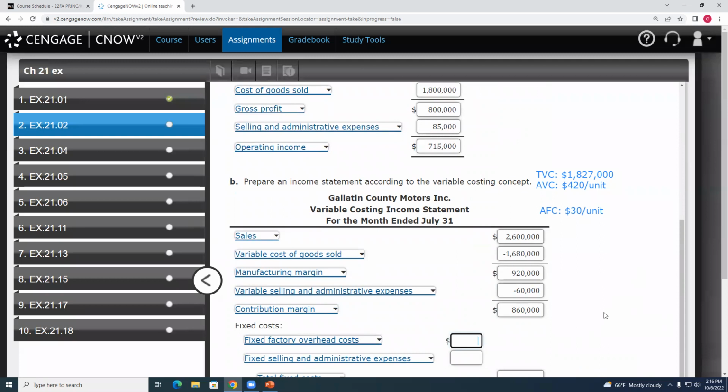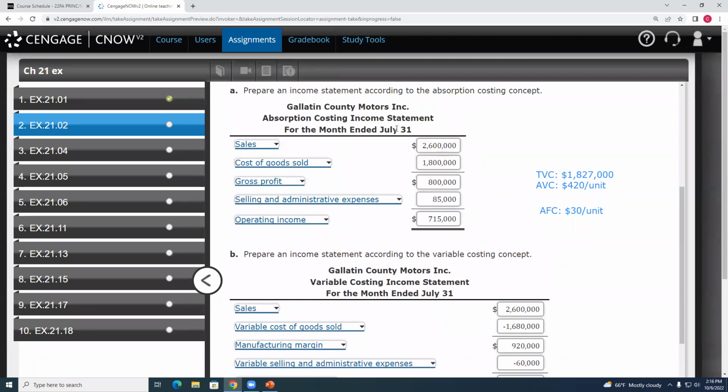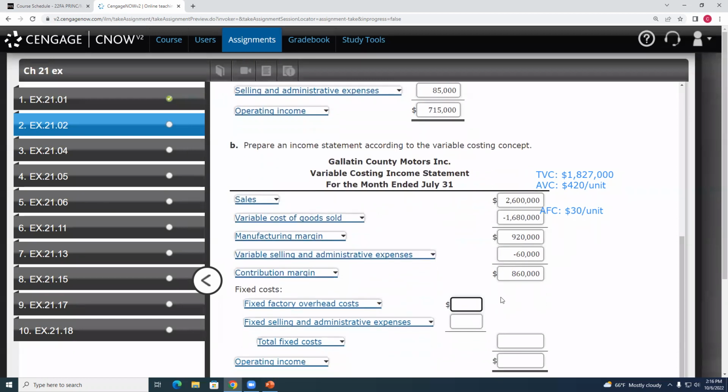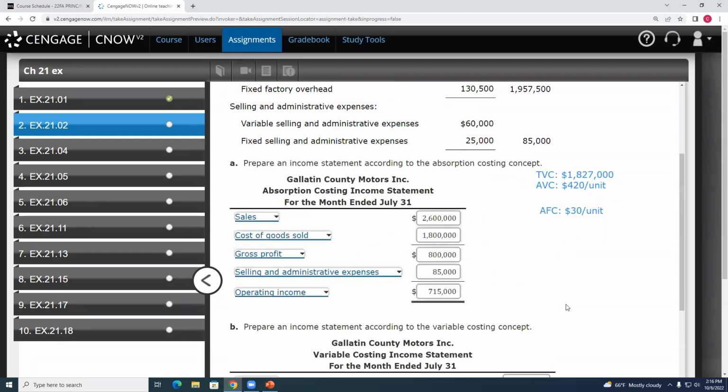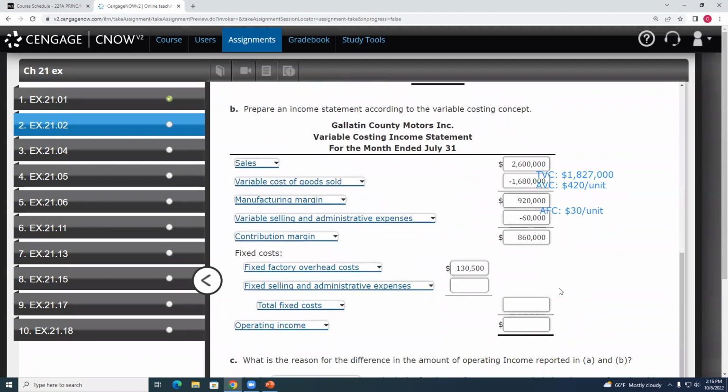And here's where we have a difference. In the absorption costing income statement, we only included the $30 in fixed cost for the 4,000 units that we sold. We are now going to include the entire amount of the fixed factory overhead, which was $130,500.